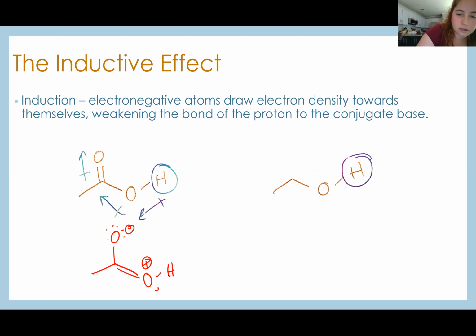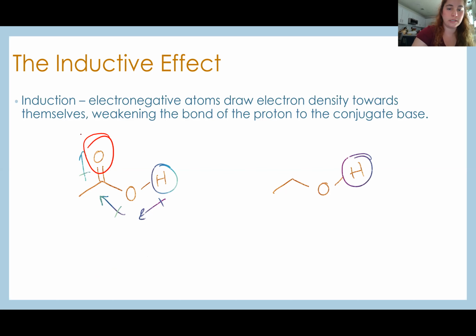Is H plus going to be as interested in a bond to an oxygen that has less electron density? No. No, because remember, chemistry is all about opposites attract, and things that are the same are going to repel. So this H plus is going to be less interested in that oxygen because some of the electron density is pulled onto this oxygen, which means this bond is weakened, and therefore the H plus is more free to go.